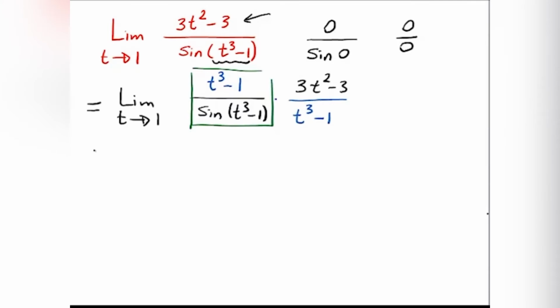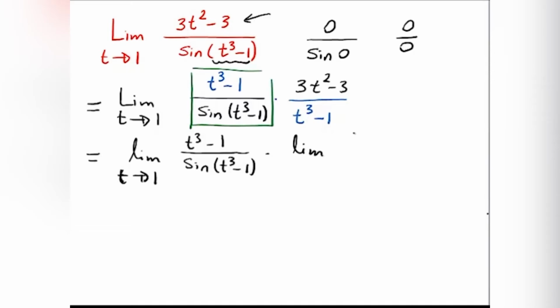So I'll just distribute the limit: the limit of the first times the limit of the second. So it will be the limit of t cubed minus 1 divided by sine of t cubed minus 1 as t goes to 1, times the limit of 3t squared minus 3 divided by t cubed minus 1 as t goes to 1.